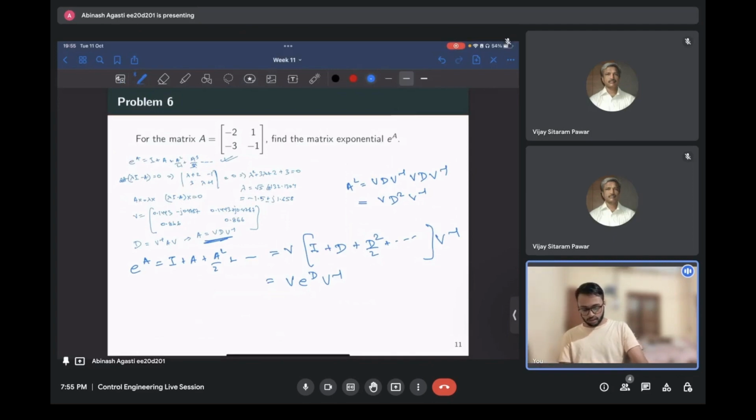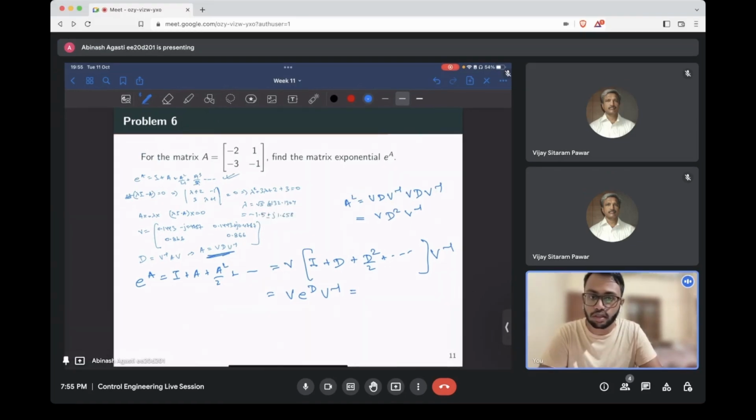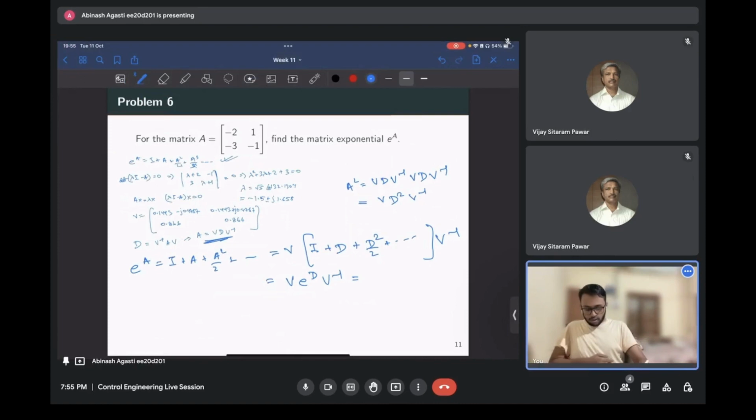So this gives us a very convenient way to compute the exponentials of any general A matrix. And why we want to do it this way is that since D is a diagonal matrix, some A here, B here, 0 here, 0 here, e to the power D turns out to be very simple.